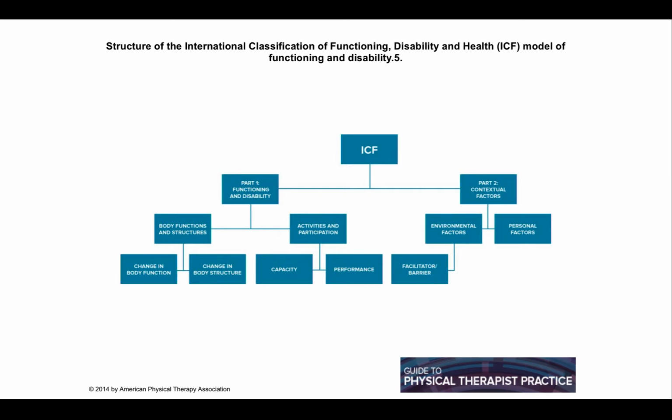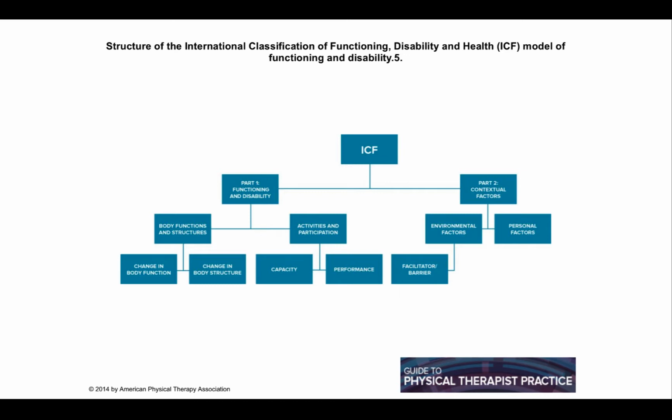And then to the right are the contextual factors. These are the external and internal factors that affect how a disability is experienced by the individual. Environmental factors that may influence a patient's experience of disability may be things like their environment: do they live in a second floor home or a one floor home?